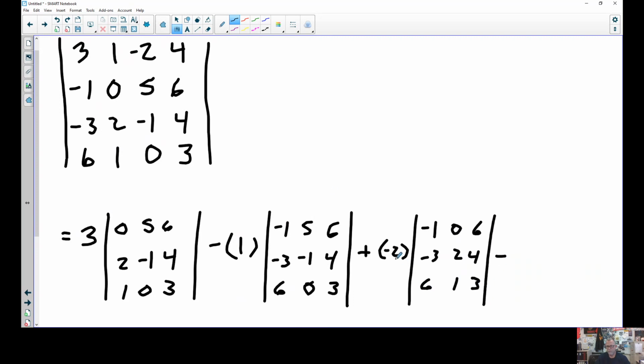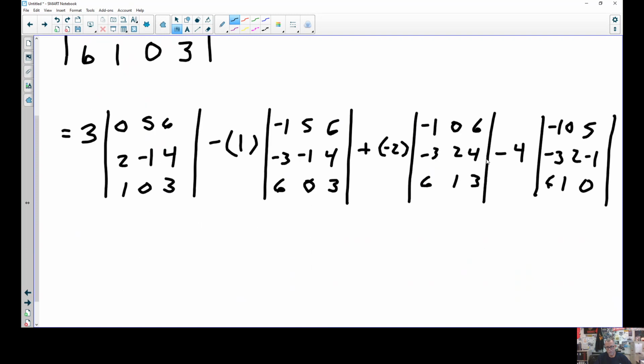And then minus again. The last one is 4 times this determinant, which again, getting rid of this row and column, would be negative 1, 0, 5, negative 3, 2, negative 1, and then 6, 1, 0.